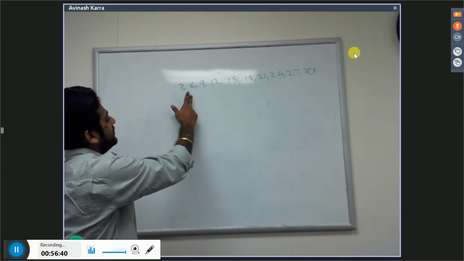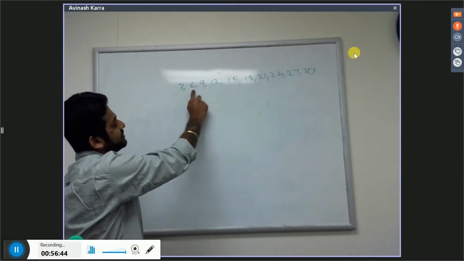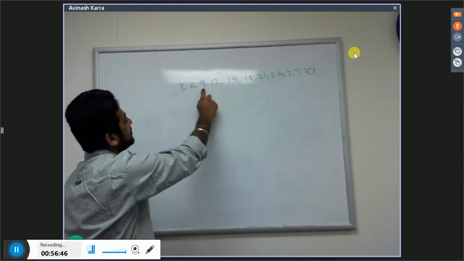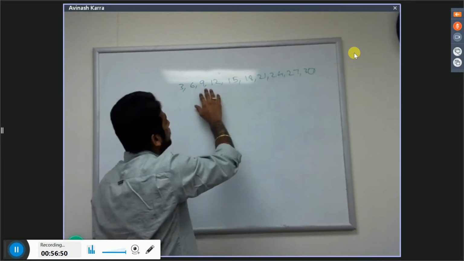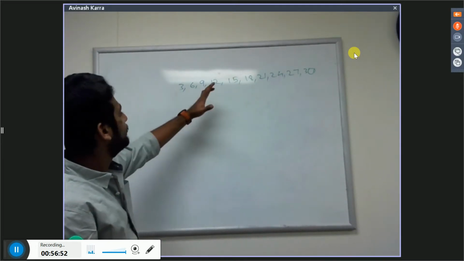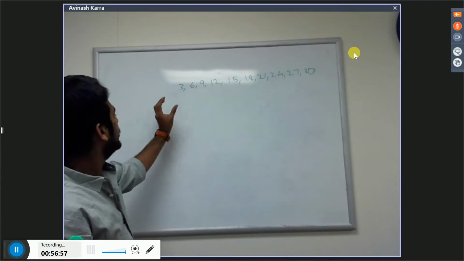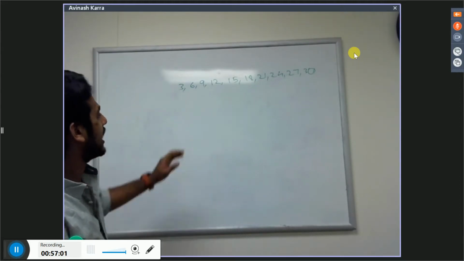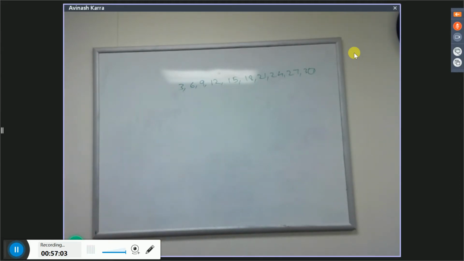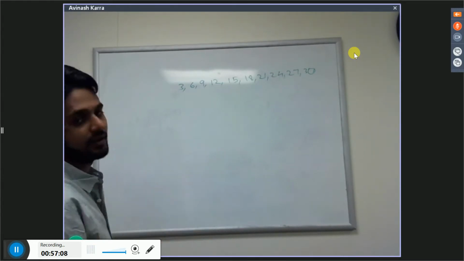What is the difference between each digit? 6 minus 3 is 3. 9 minus 6 is 3. 12 minus 9 is 3. 15 minus 12 is 3. So if you have a sequence in such a way that each and every number has the same difference, then the average is nothing but the middle number.